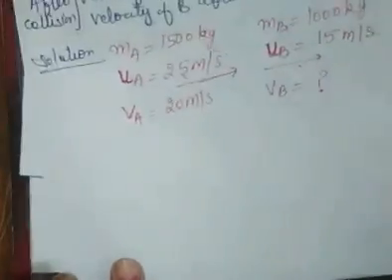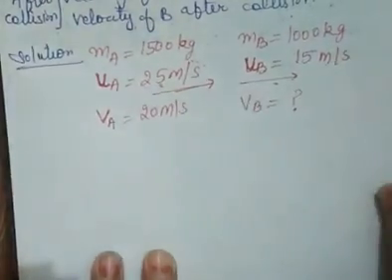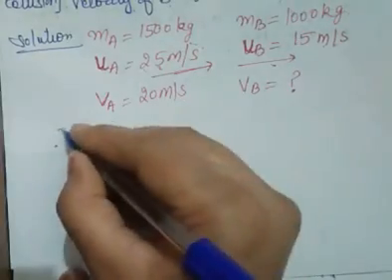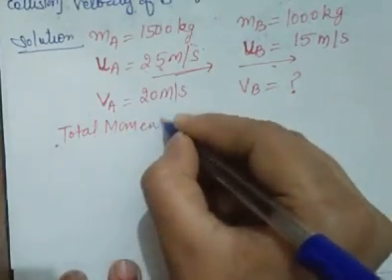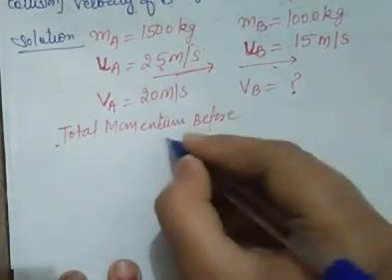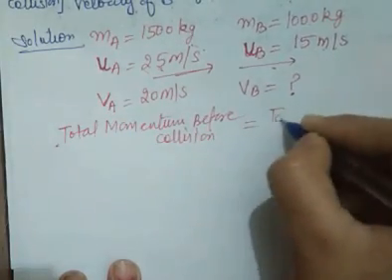Now, as per the law of conservation of momentum, total momentum remains conserved. It means total momentum before collision is equal to total momentum after collision.